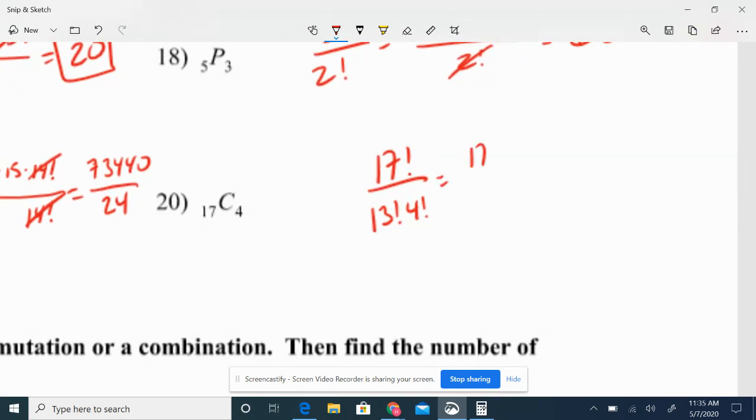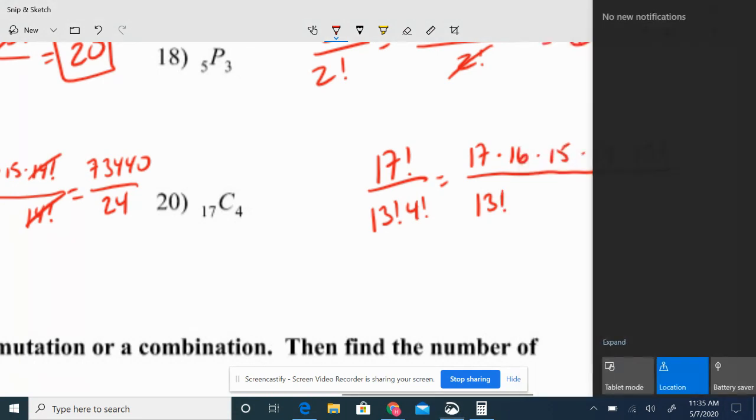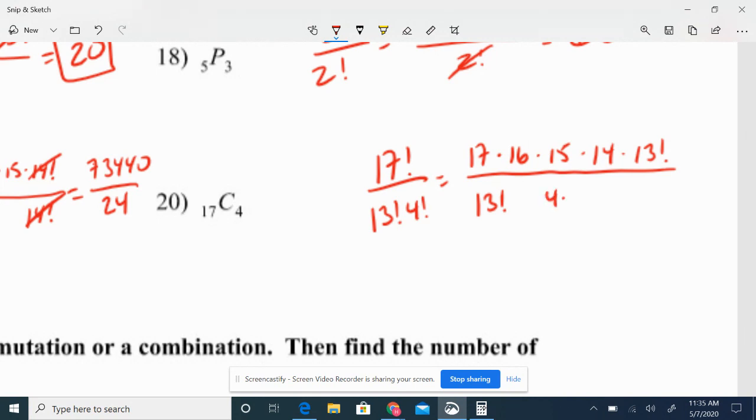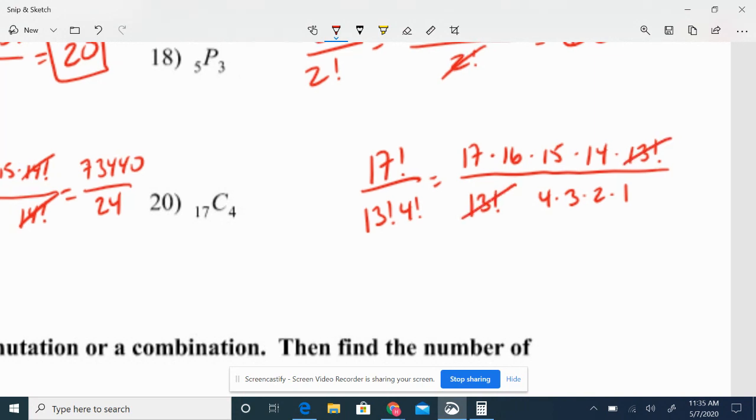On the top, I have 17 times 16 times 15 times 14 times 13 factorial. I stop at 13 factorial because I do have a 13 factorial at the bottom. And then my 4 factorial, let me just call that 4 times 3 times 2 times 1. So the 13 factorials cancel out.